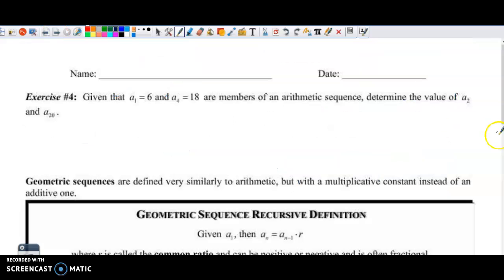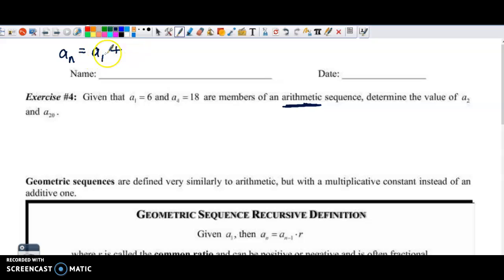So in this problem, now I can ask you certain questions like, if I give you the first term and the fourth term and it's arithmetic, could you figure out what a of 2 and a of 20 are? Now there's a lot of different ways of doing this, so I'm not going to tell you have to do a problem a certain way, but it's based off of that formula, a sub n equals a sub 1 plus n minus 1 times d.